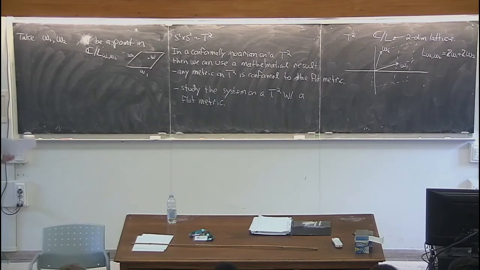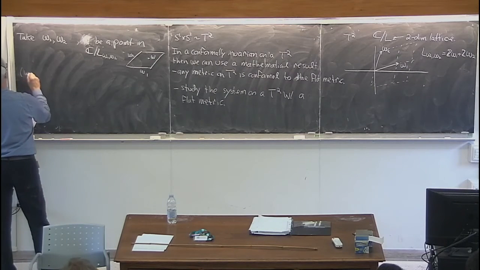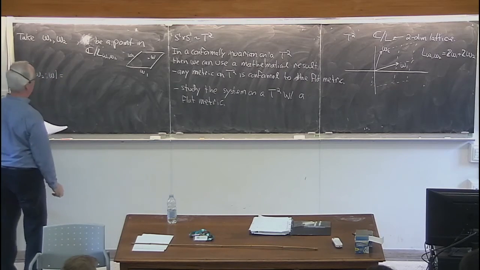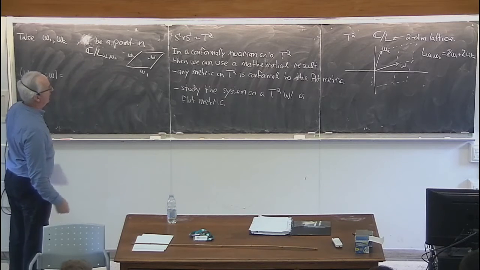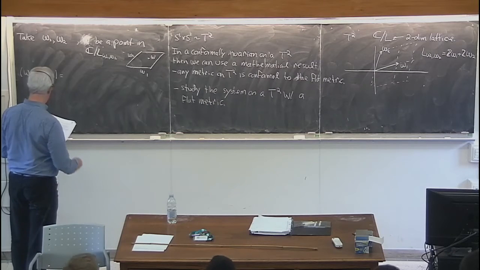So if I want to keep track of that information, but I don't care about the scale, then omega 1 and omega 2, of course, can't be 0 because then this lattice would degenerate.